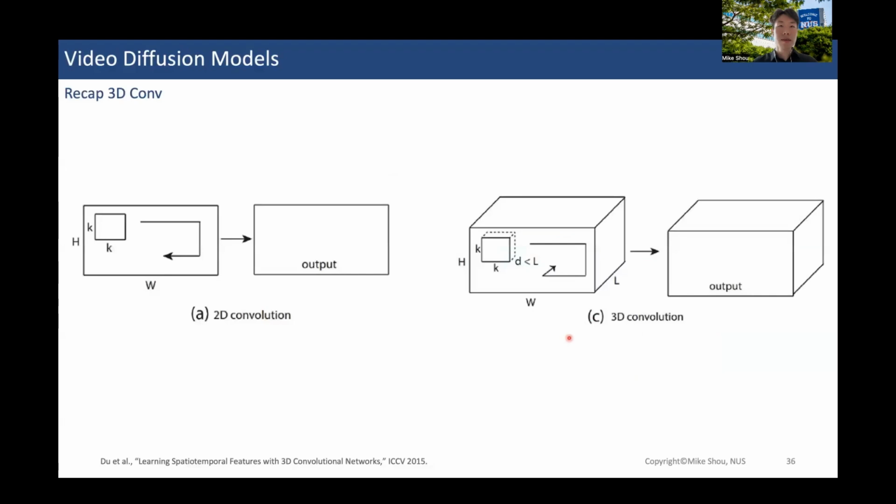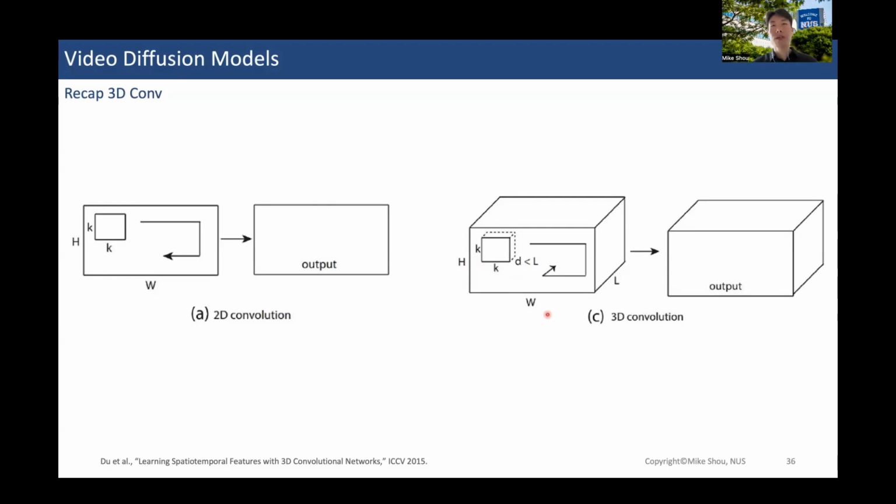So back then in ICCV 2015, researchers developed this convolution layer, the so-called 3D convolution. The idea is that for 2D convolution, given the input image h by w, we have a 2D kernel k by k sliding over this input image, and then you generate 2D output.